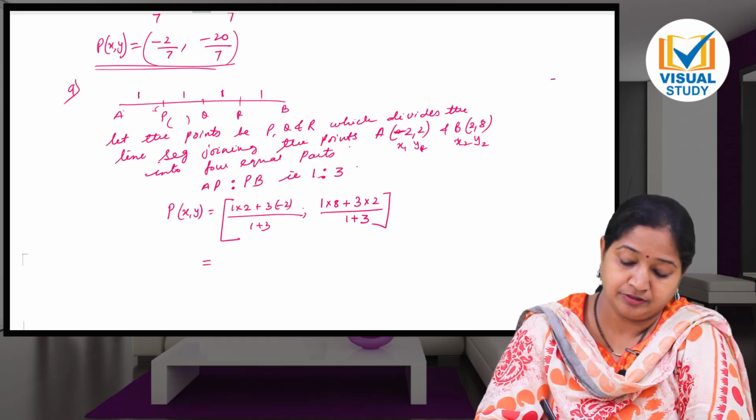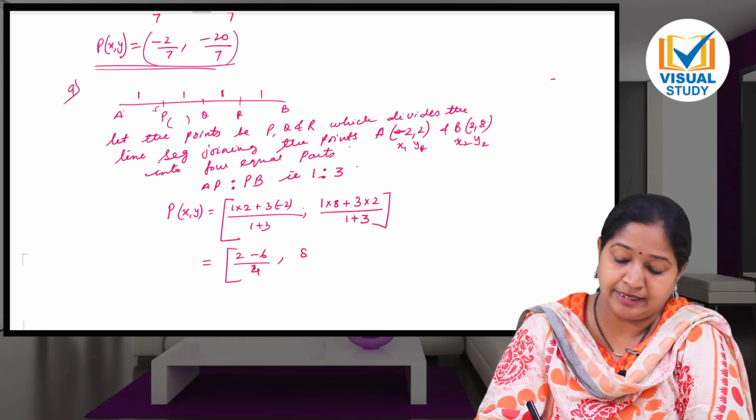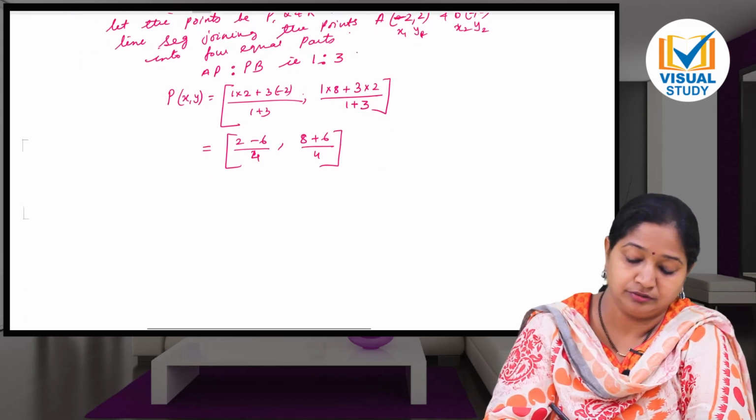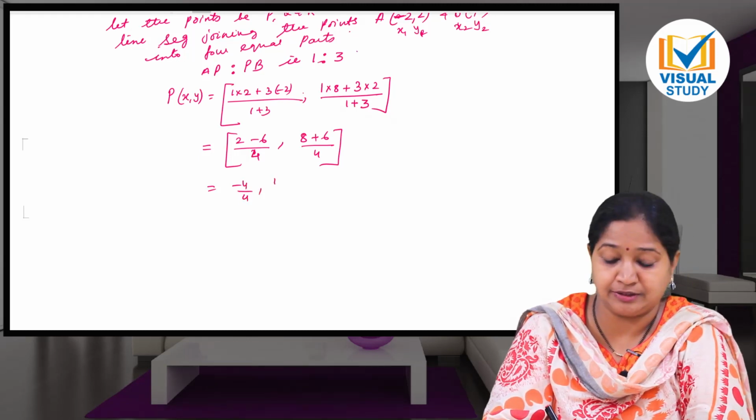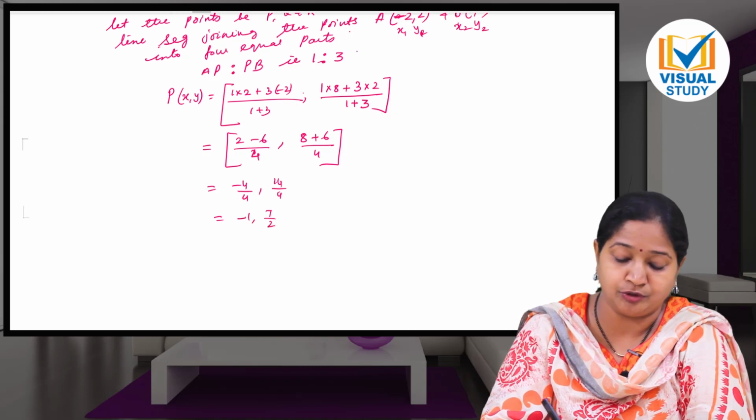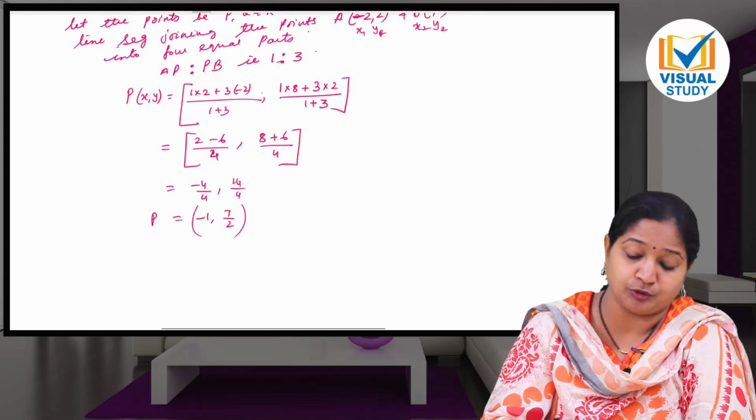Okay, do it. 2 minus 6 upon 4 and 8 plus 6 upon 4. Minus 4 upon 4 and 6 plus 8, 14 upon 4, and you get -1 and 7 upon 2. So P point you got it, -1 and 7 upon 2.